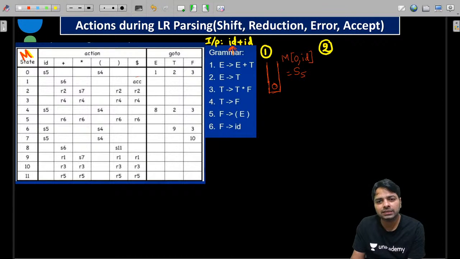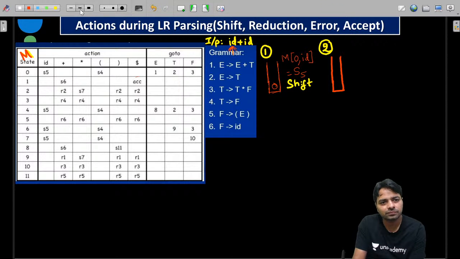What is the shift action? Did you remember that? We push ID along with the next state number, and we increment the pointer. So the pointer is now pointing to plus. Is that clear?